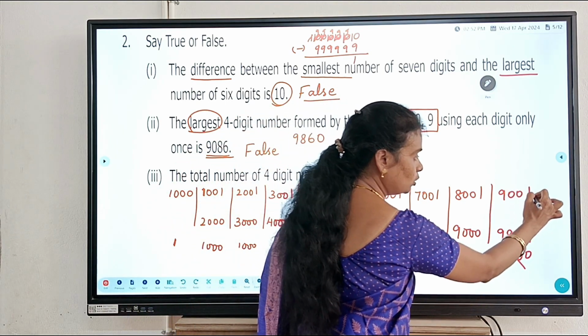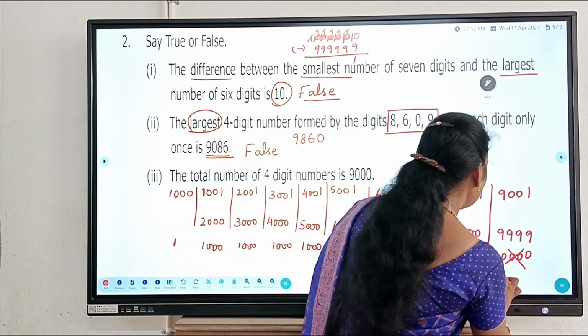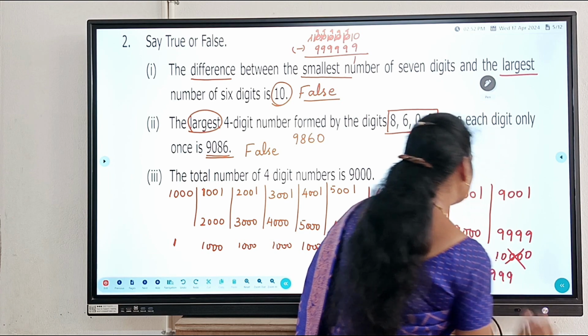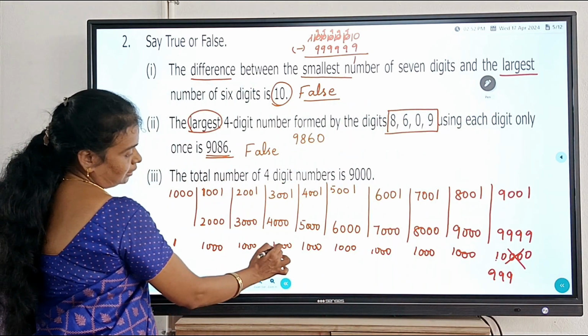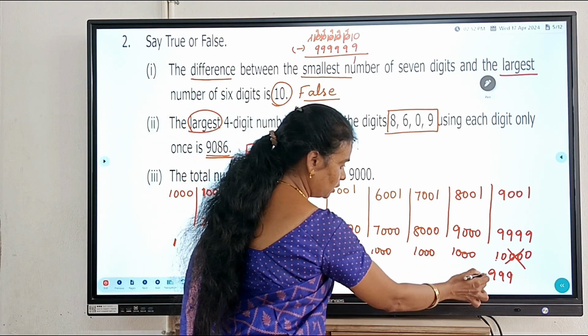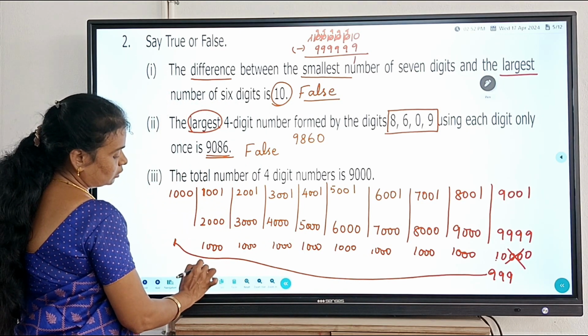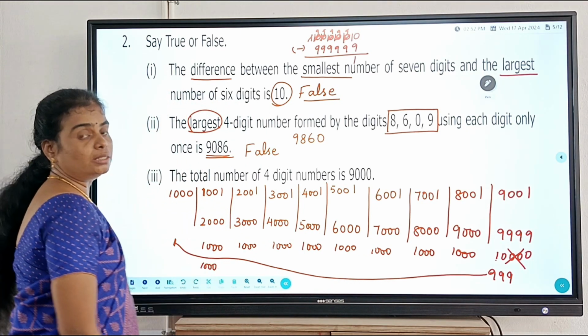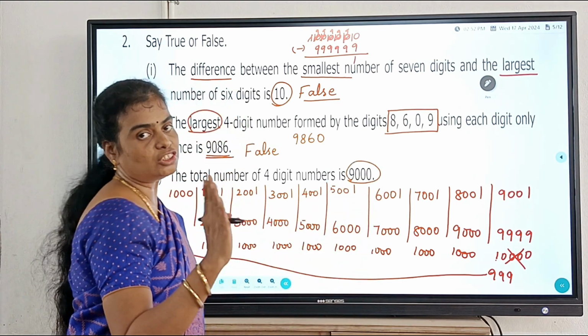And here from 9001 to 9999 you have 999 numbers, isn't it? So 1000, 2000, 3000, 4000, 5000, 6000, 7000, 8000 plus this 999 and 1 together comes 1000. So all together there are 9000 four-digit numbers.